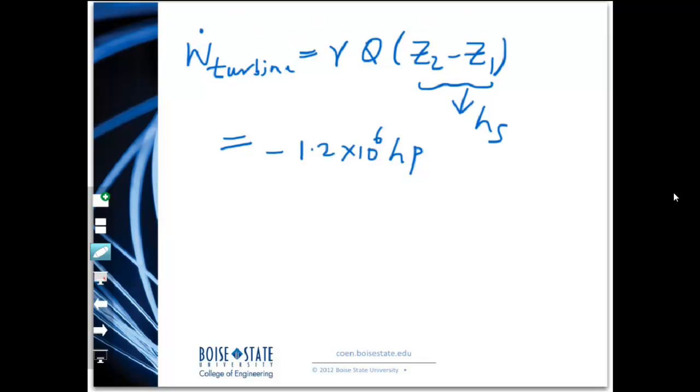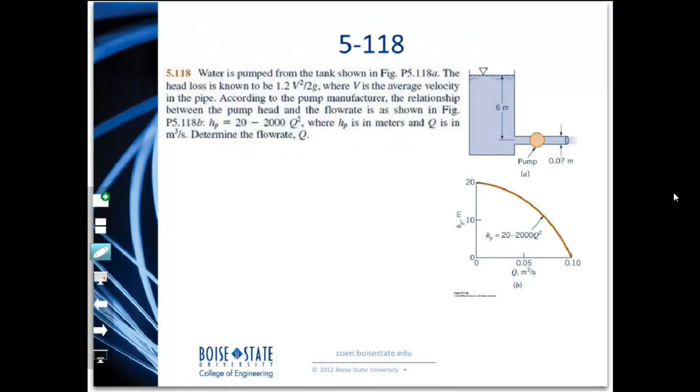Okay, so now let's do one last problem in this chapter. You're given that water is pumped from a tank as shown in this figure. The head loss is known to be HL.